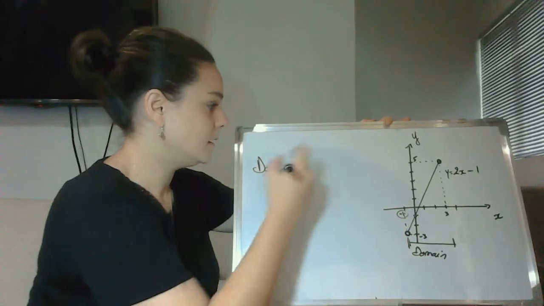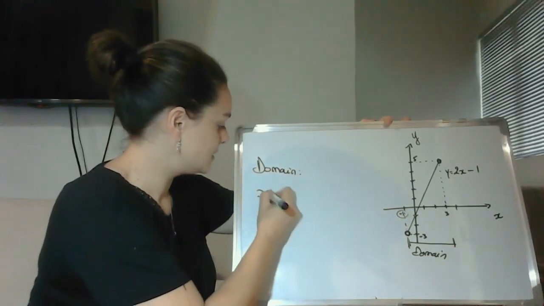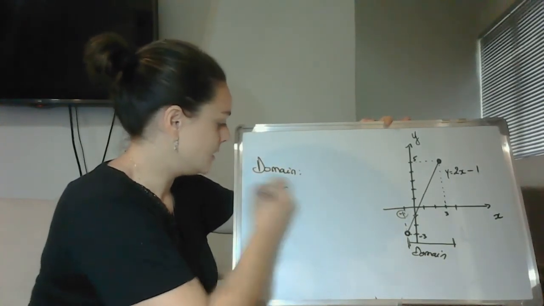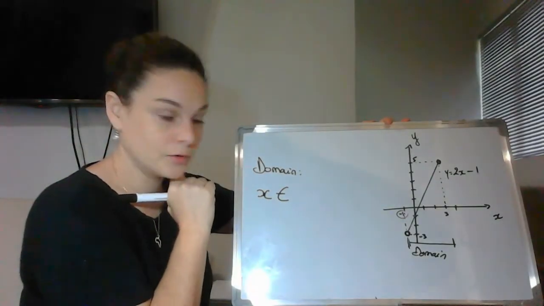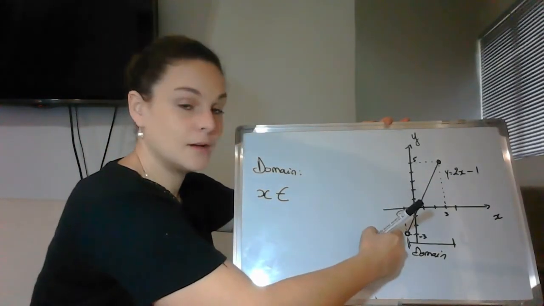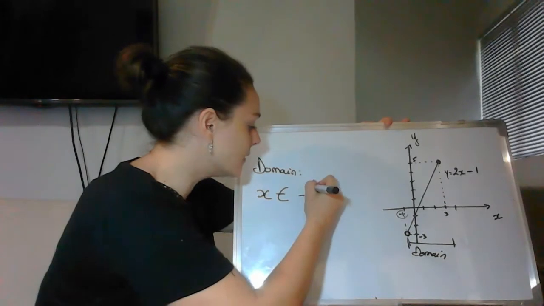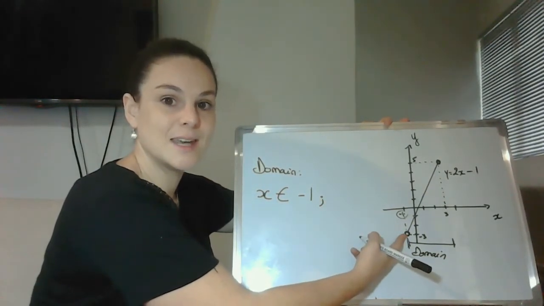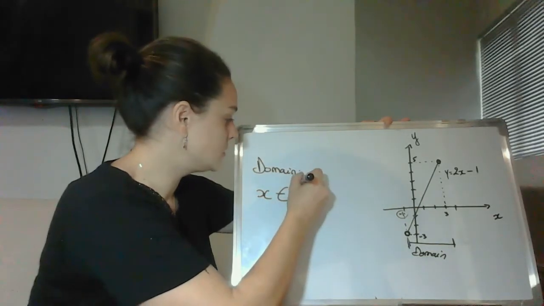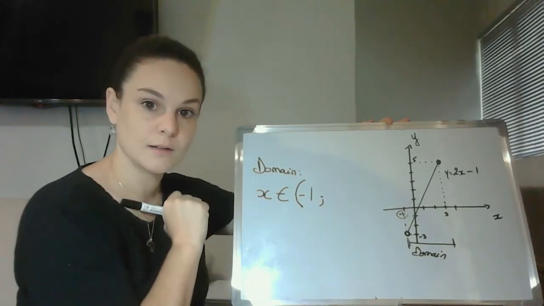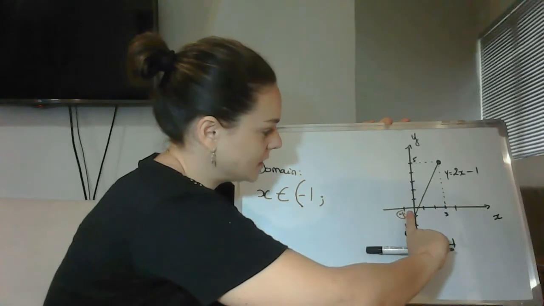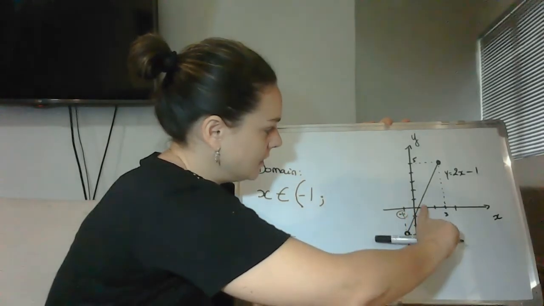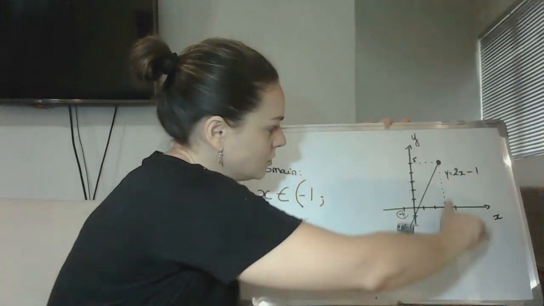So the domain of this one is read on the x-axis, so I will write x is an element of the interval starting from -1, and it's a white circle, which means it's excluding -1, so I'm using a soft bracket. And on the x-axis there is line here, there is line there, up to 3.